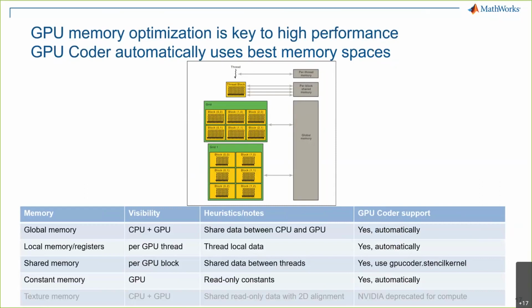So these memory trade-offs are there in GPUs, and that's what we'll cover in one of the practices on how to better leverage the GPU Coder tools and make them more efficient for these kinds of operations.